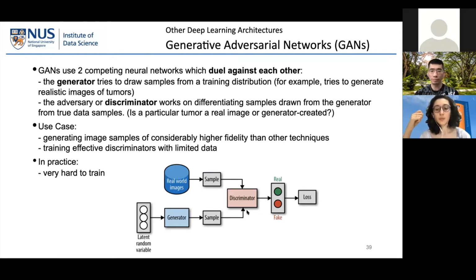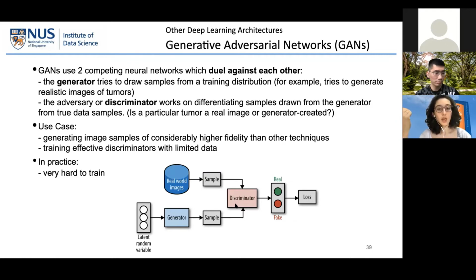Then you have a discriminator model that is competing against the generator, because its role is to distinguish between fake generated samples and real images of tumors. Is it a real image or a generator-created image?